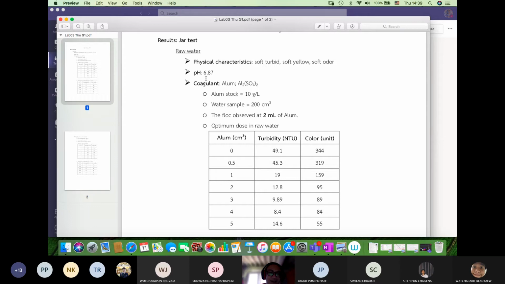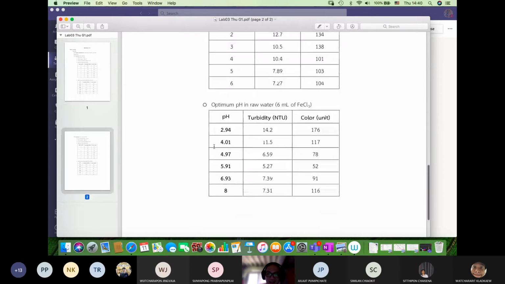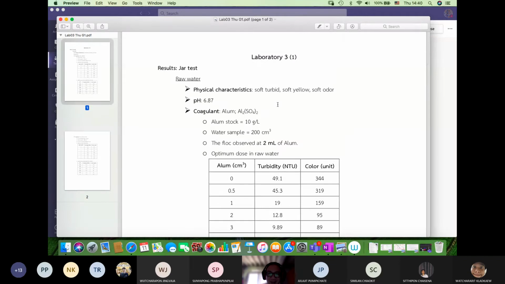For the results, it looks like this. This is the raw water characteristic. It is turbid, a physical characteristic. It's yellowish, and there's some unpleasant odor.